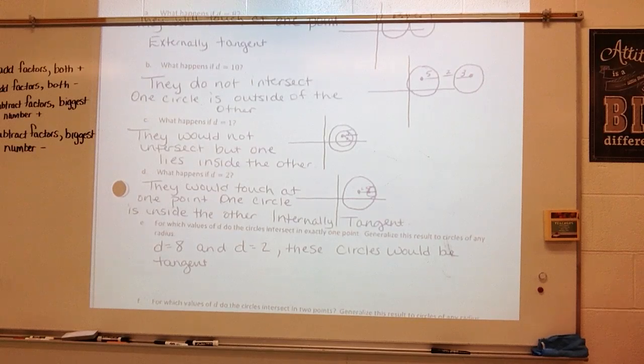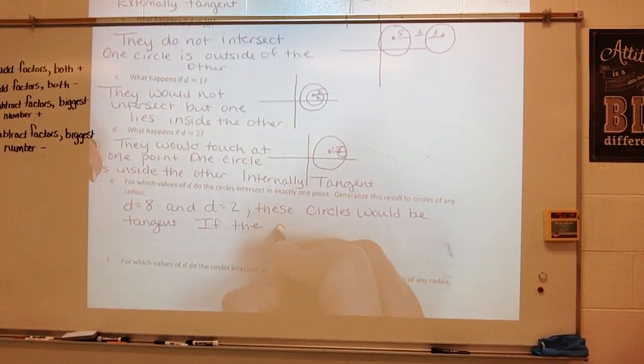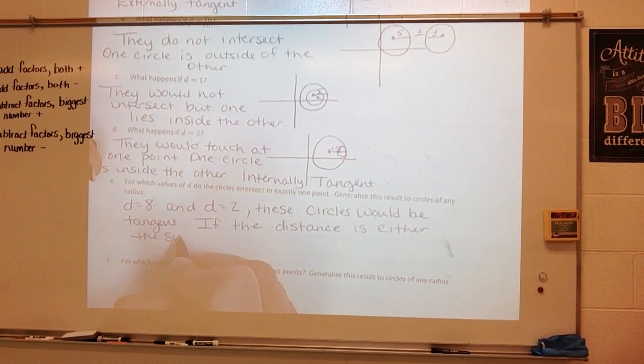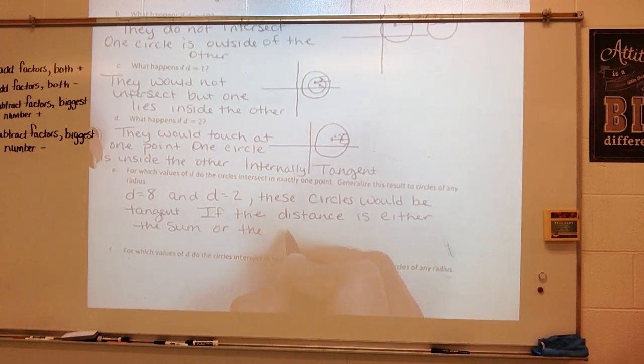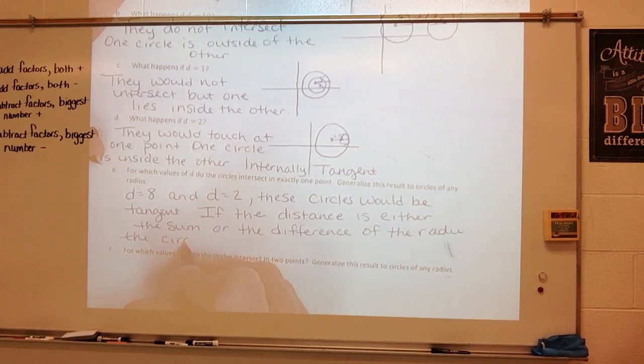So, generalize, so we need to do something in general. If D is either the sum or the difference of the radii, then the circles will be tangent. So if the distance is either the sum or the difference of the radii, the circles are tangent.